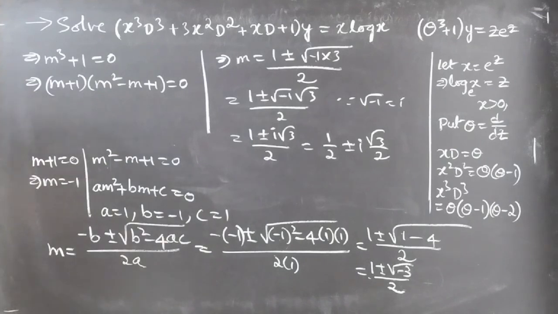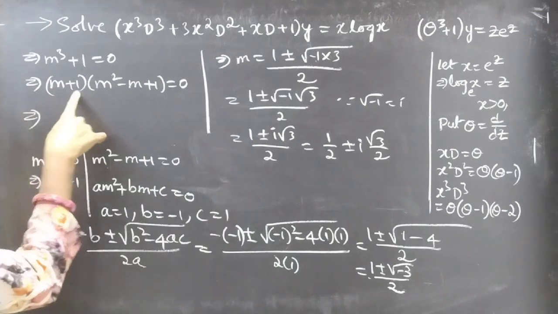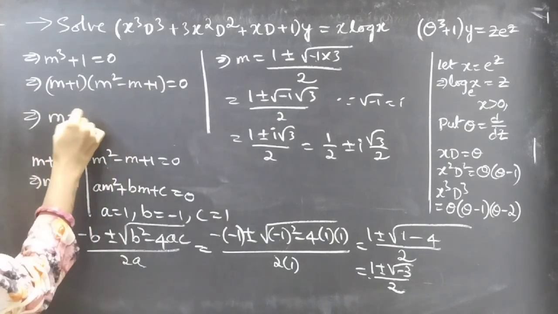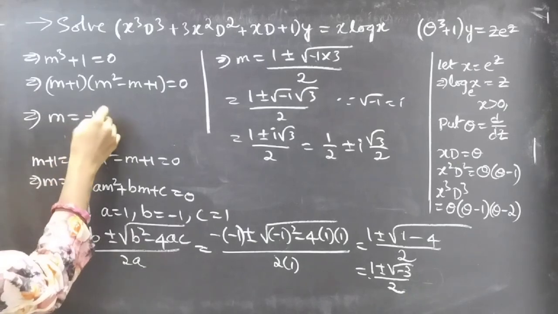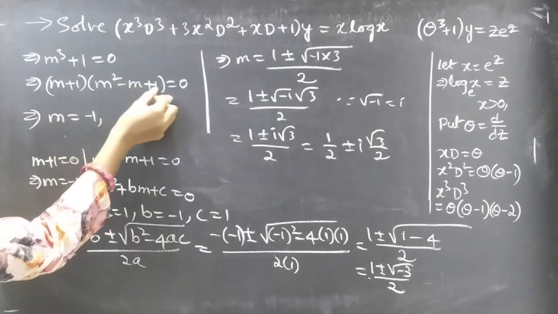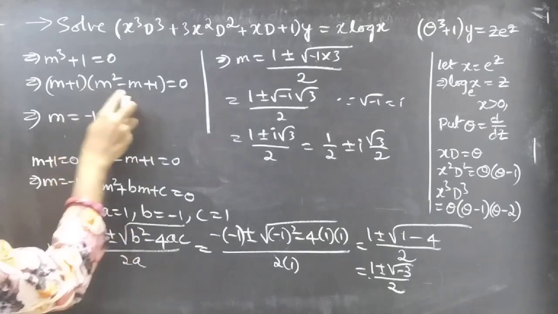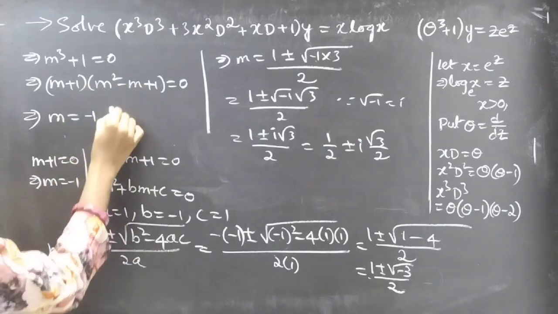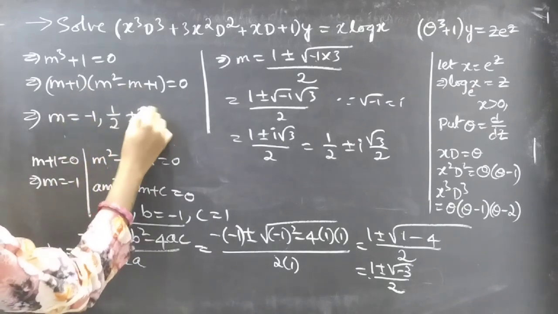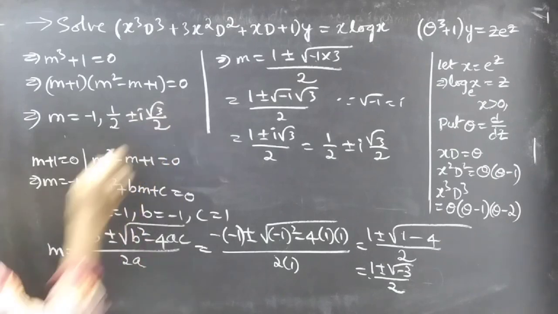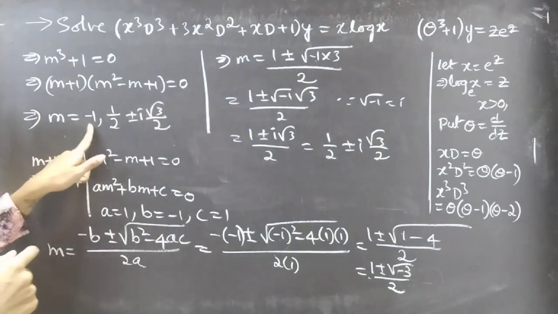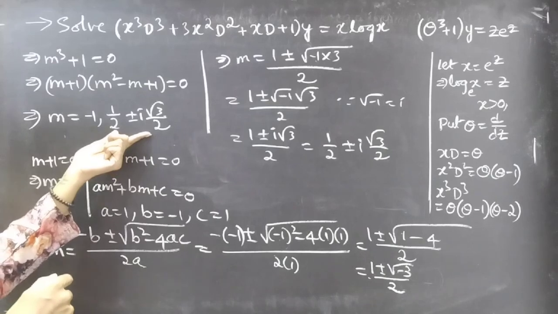So when m plus 1 equal to 0, we'll get m equal to minus 1. When m square minus m plus 1 equal to 0, that is from this second factor, we'll get 1 by 2 plus or minus i into root 3 by 2, right? This is a real root and this is a complex root.